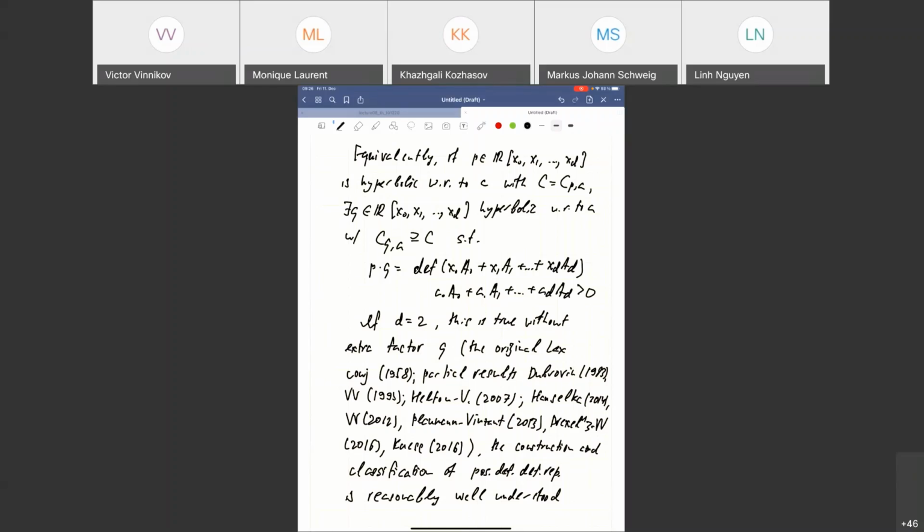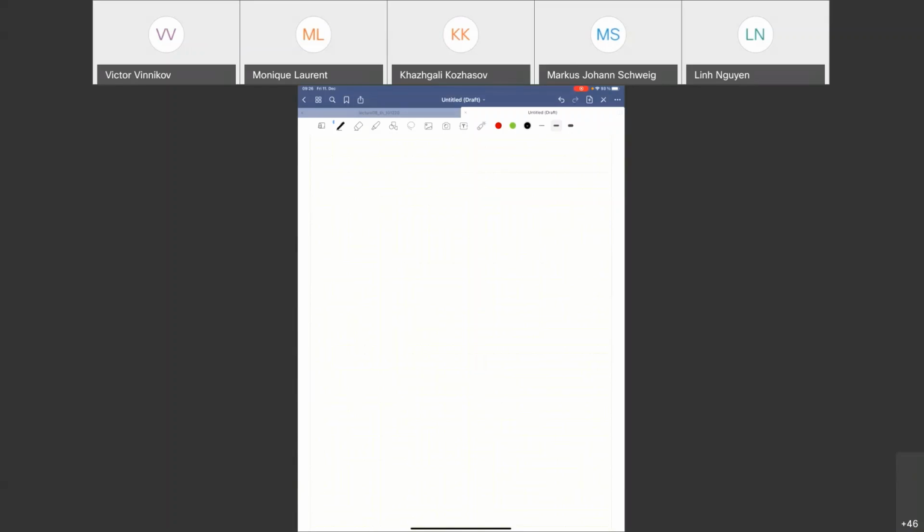For d greater than 2, we certainly need in general an extra factor. Otherwise, it's simply false, except for the case of dimension 3 and degrees 2 and 3. So if d is greater than 2, in general, we need an extra factor q.